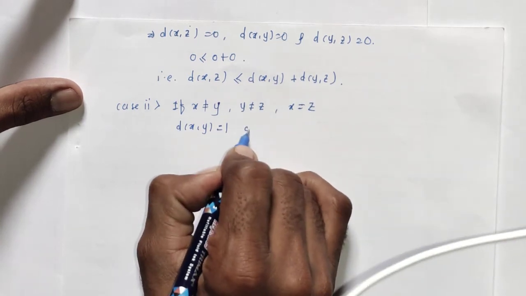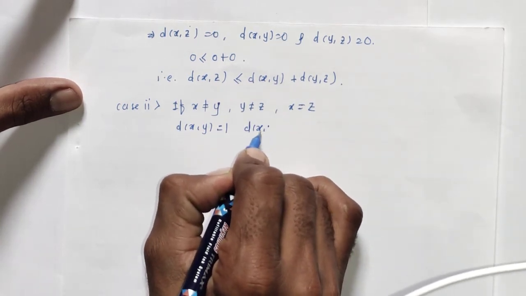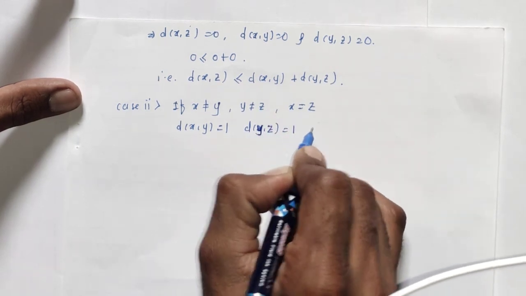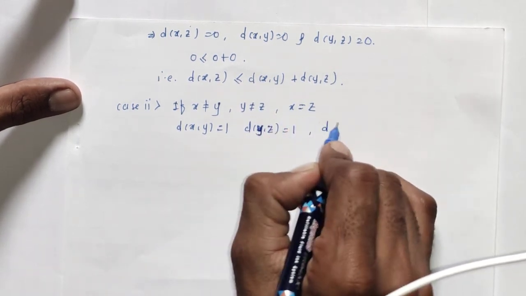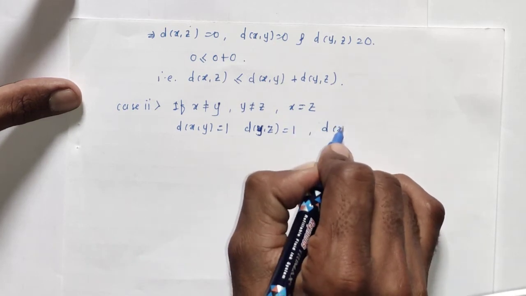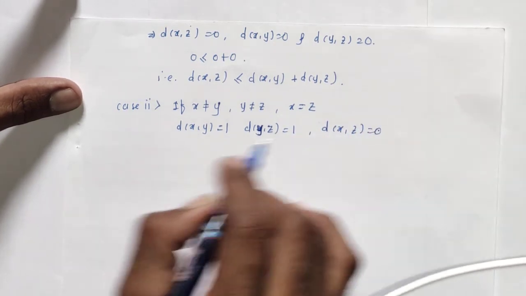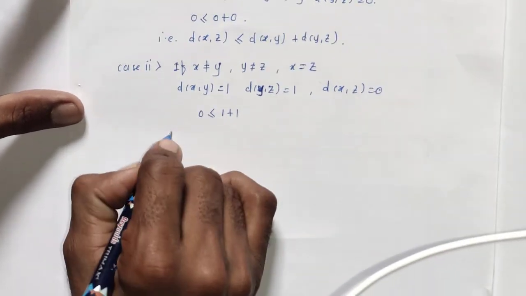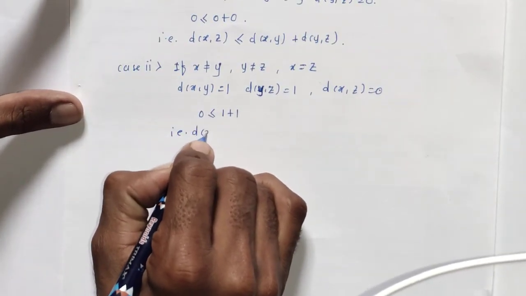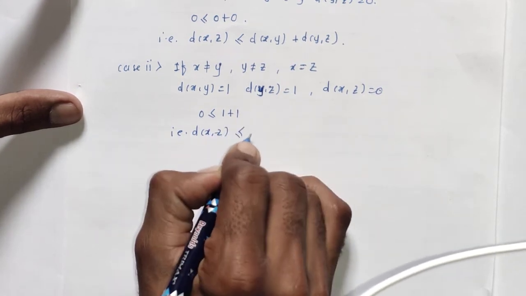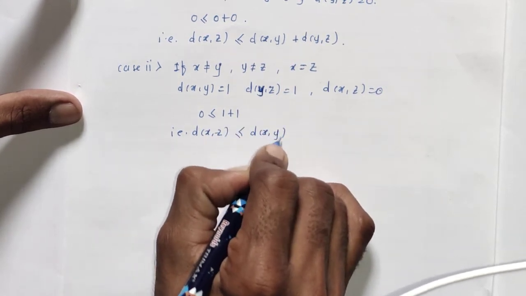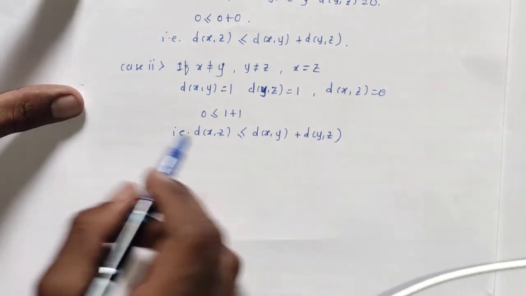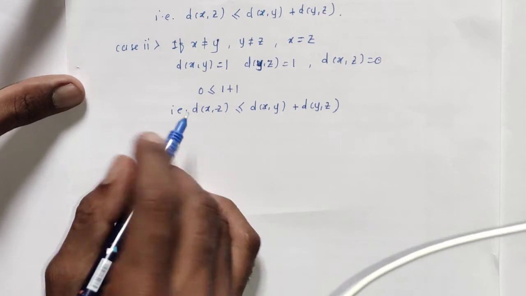Again here y is not equal to z, so distance of y and z is equal to 1, and x and z are equal, so distance of x and z is equal to 0. Again 0 is less than or equal to 1 plus 1, that is distance of xz is less than or equal to distance of xy plus distance of yz. Hence again in the second case our triangle inequality is proved.